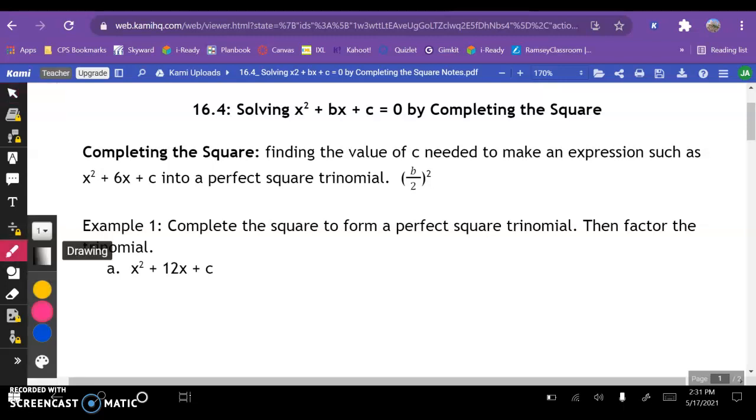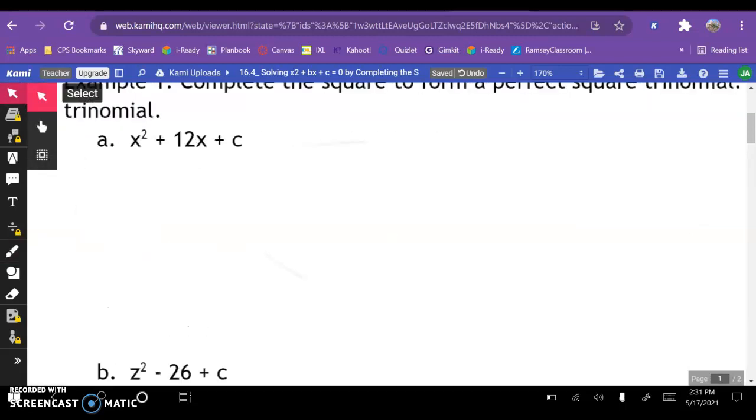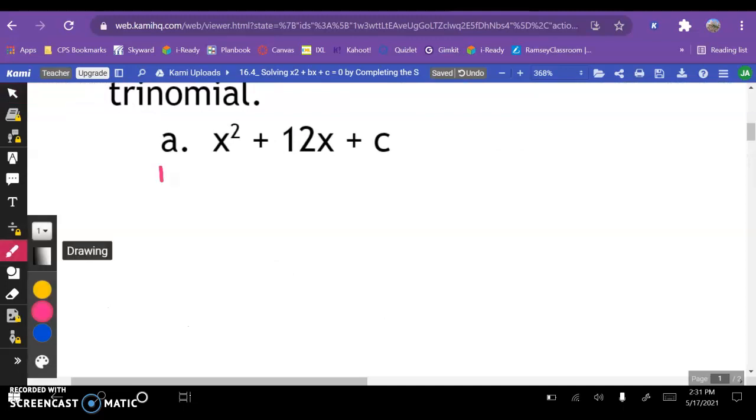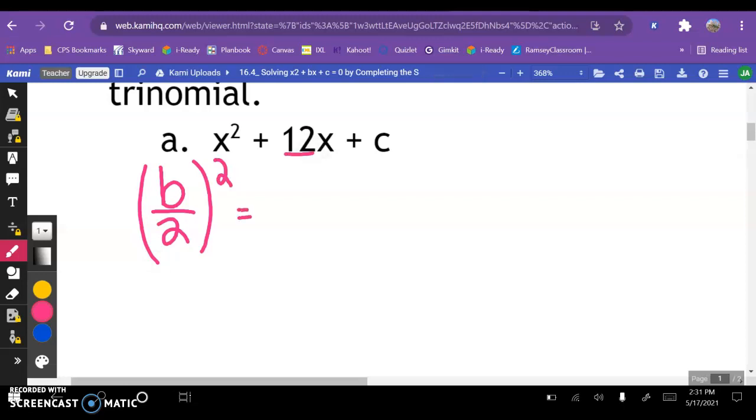And if you look up here in the top, b is the number, the coefficient that's in front of our x value. So example 1 says to complete the square to perform a perfect square trinomial, then factor the trinomial. So what I want to do is figure out what b over 2 squared is. b in this case is 12.